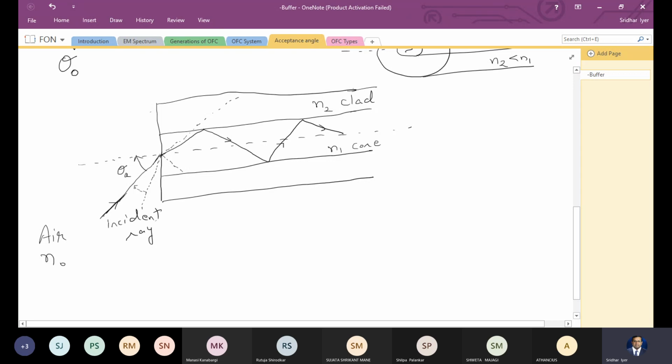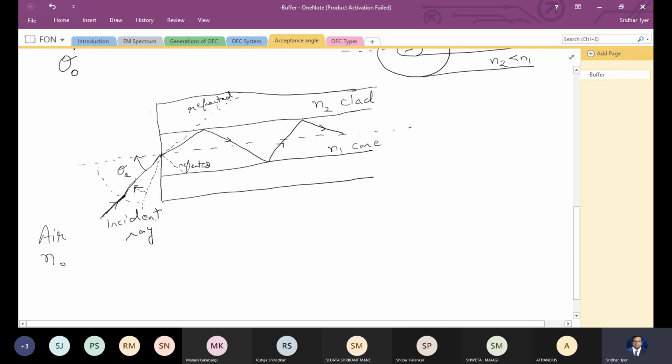I'll repeat again very quickly. If the incident ray was the dotted line, then part of the ray will get refracted into the cladding and part of it will get reflected. We don't want that because we are losing light. Therefore, we ensure that the incident ray is not at the larger angle of the dotted line.